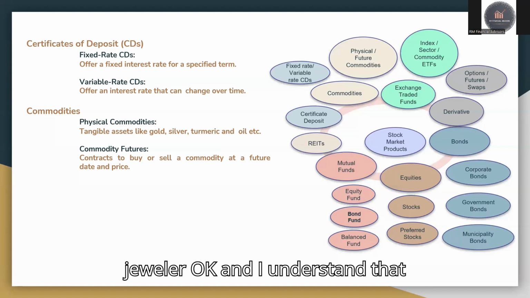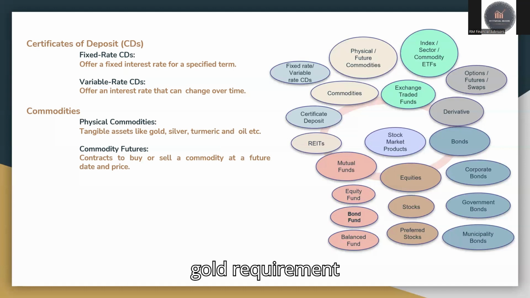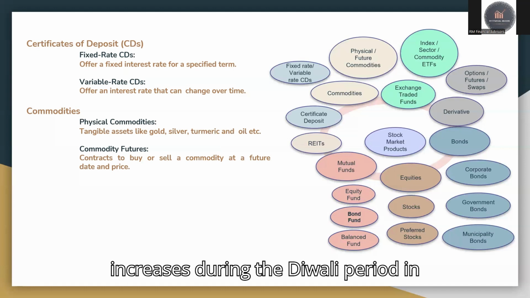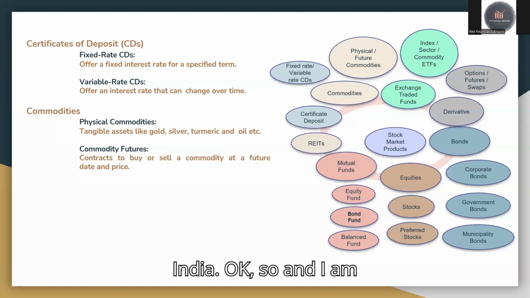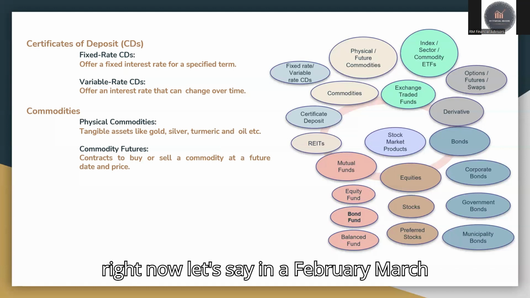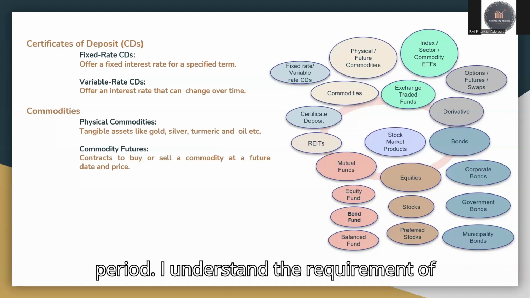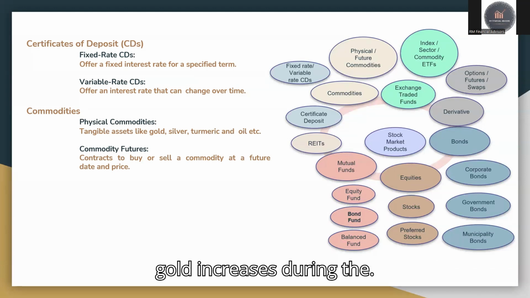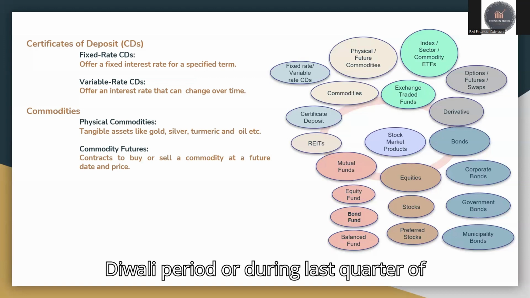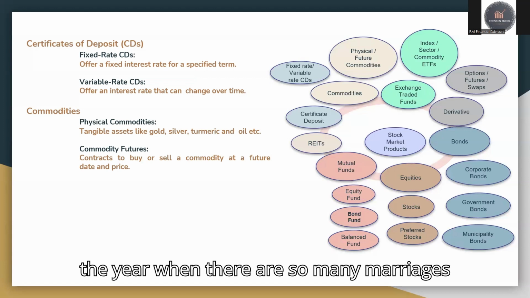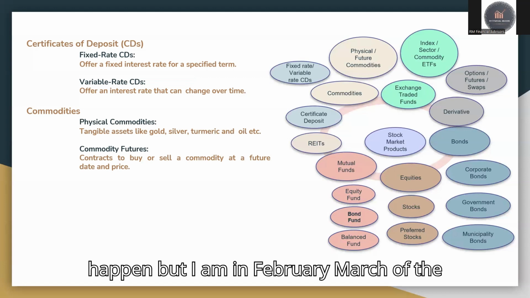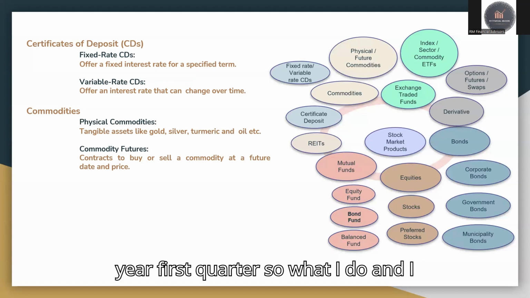And I understand that gold requirement increases during the Diwali period in India, okay? And I am right now, let's say, in the February, March period. I understand the requirement of gold increases during the Diwali period or during the last quarter of the year when so many marriages happen. But I am in February, March of the year, first quarter.